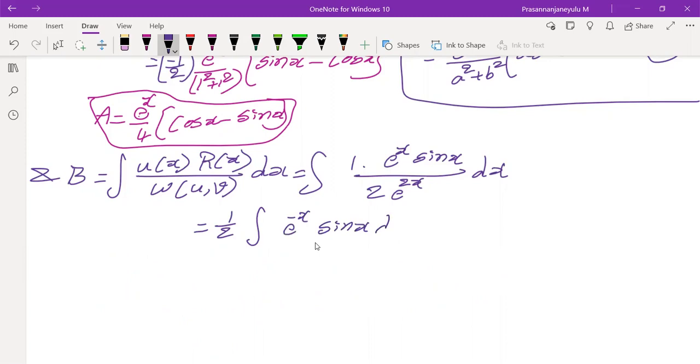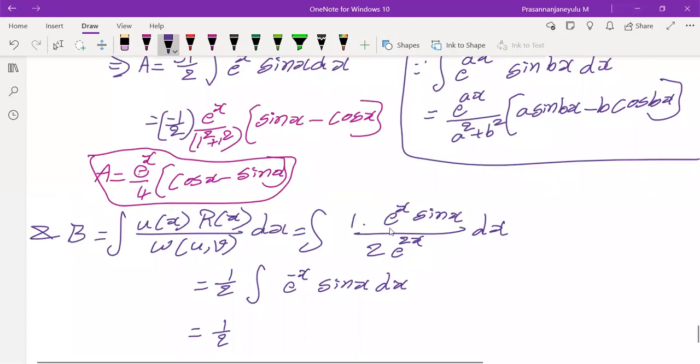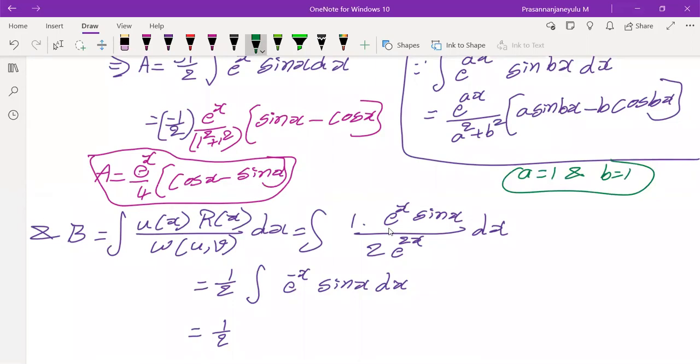Now, if we observe, our integration is in the form of the same formula we gave here. But in the previous case, a is equal to 1 and b is equal to 1. Here, what is the a value? Minus 1. And the b value? Plus 1. So we substitute these values in our formula.